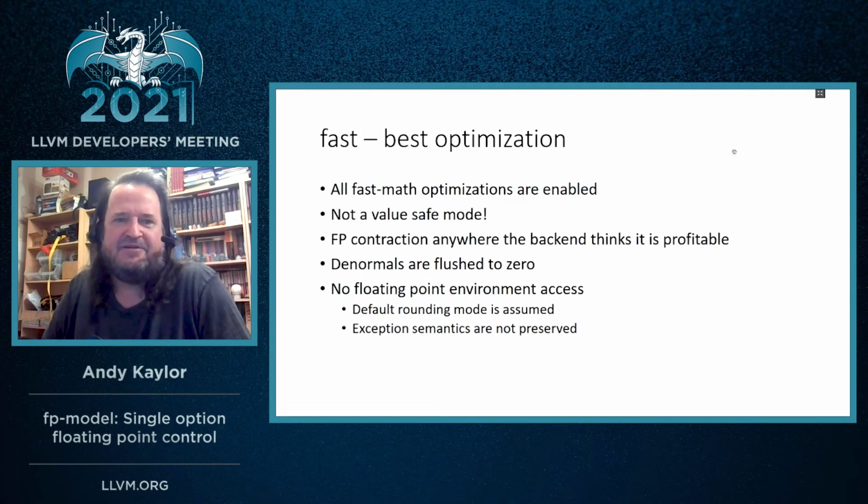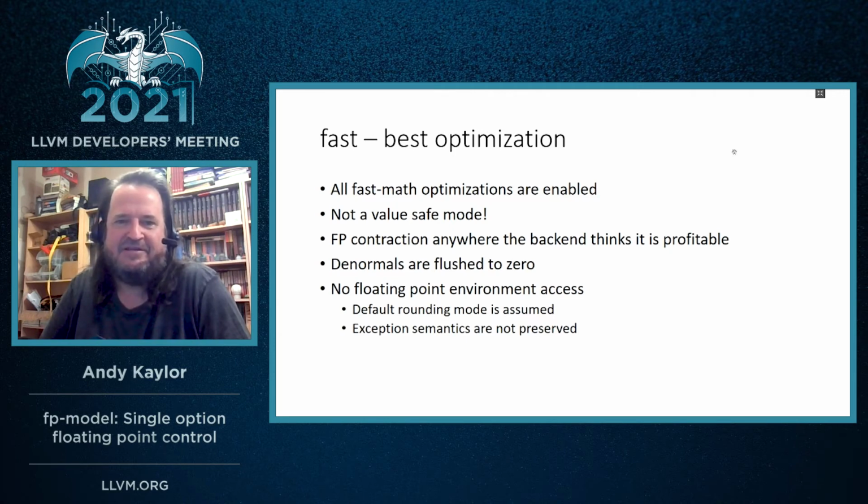The next model I want to talk about is the FP model equals fast. This is the model that you would choose if you want the best optimization and are willing to sacrifice a little bit of predictability and repeatability in the results of the numeric computations. So this mode enables all fast math optimizations. Therefore, it's not a value-safe mode.